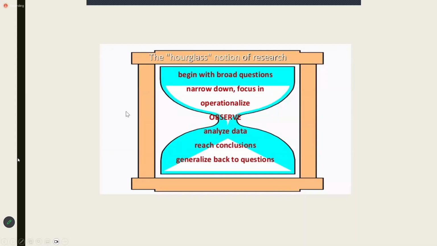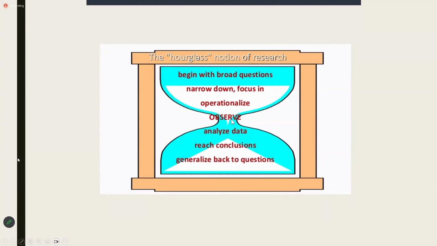And sometimes we call this the hourglass notion of research as well, right? So you will begin with the broader context, with the broader related literature, and then identify the exact area you want to explore. And after that, you are going to further explore in this identified area, right? So your research problem will be here.